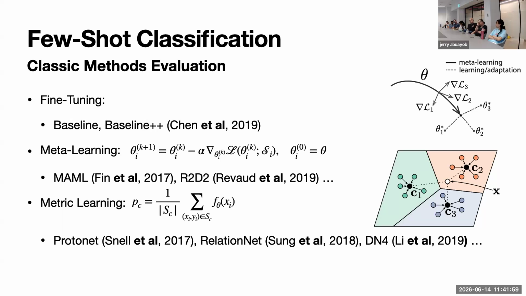The green, red, and blue are support, and the query is the yellow dot. You can utilize all of the white dots in order to fit a different classifier.